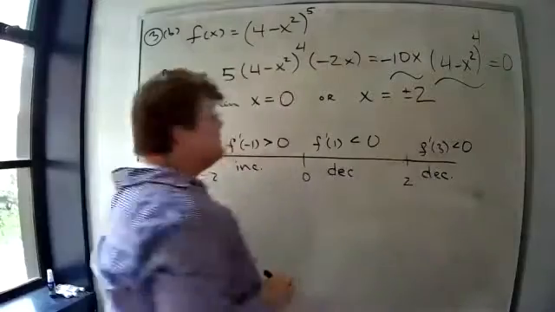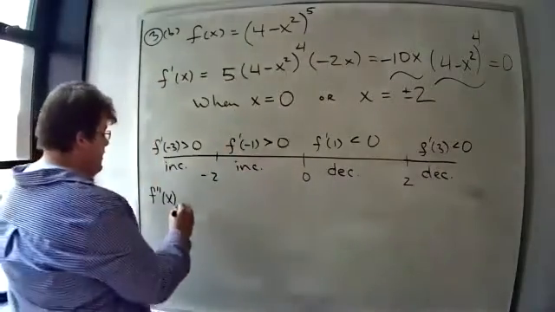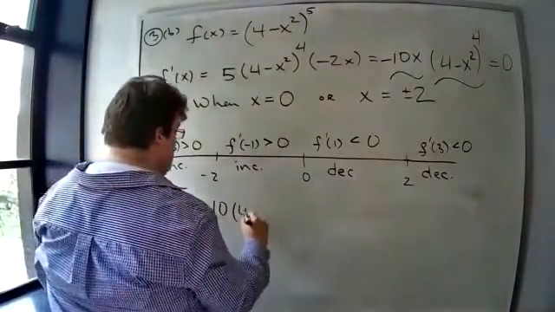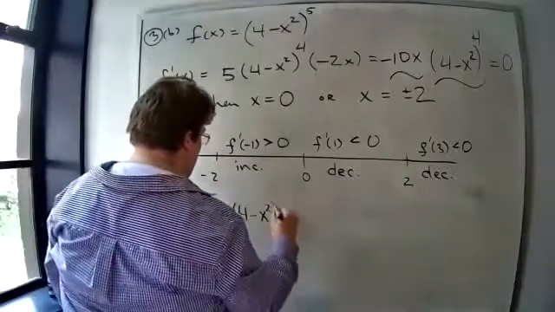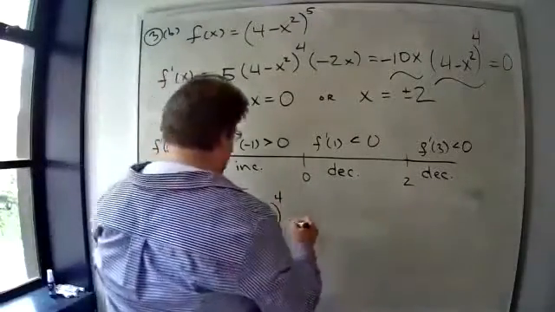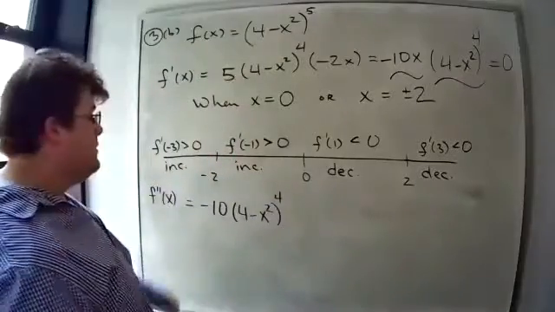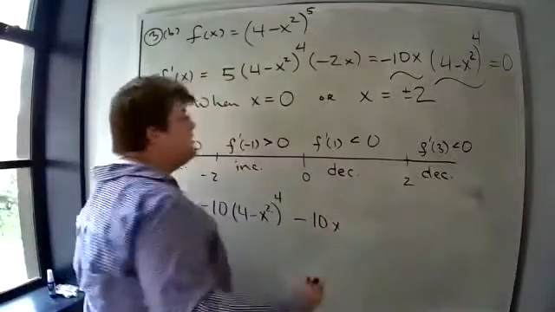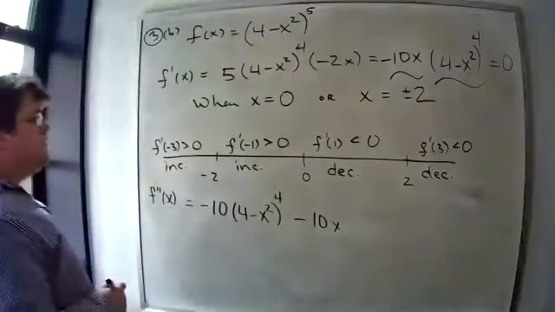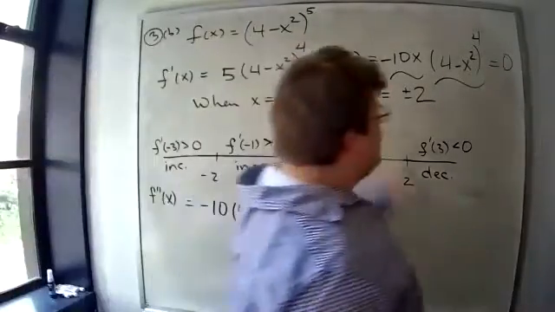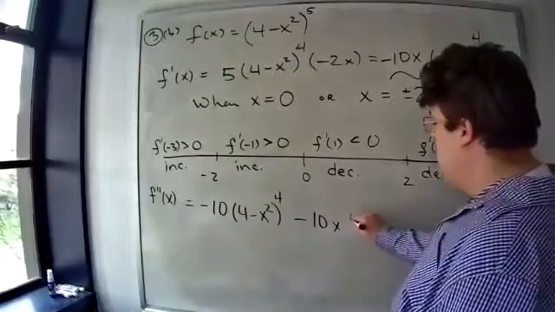Derivative of -10x is -10 times the second, plus the derivative of the first times the second plus the first, so -10x times the derivative of the second. So the derivative of the second, again, is going to have a chain rule, because we have 4 minus x squared all to the 4th.